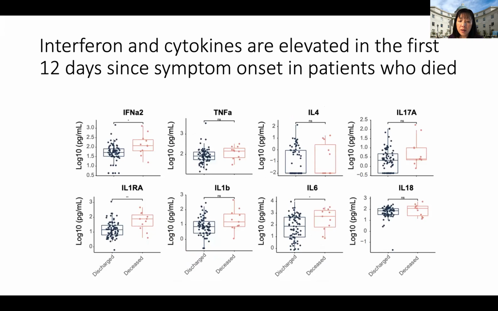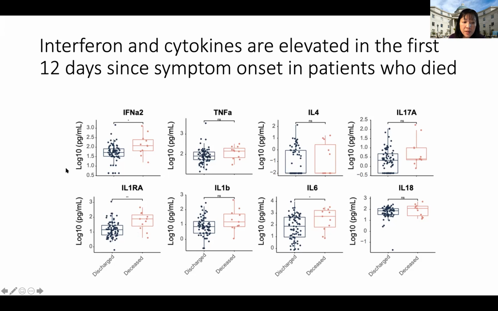And not only that, when we measured the cytokine levels during the first 12 days since symptom onset in patients who died of this infection, we find that they have elevated levels of the antiviral cytokine interferon alpha, as well as IL-1 receptor antagonist, which is indicative of signaling through the IL-1 receptor, one of the key inflammatory cytokines that drive cytokine storms in this disease.